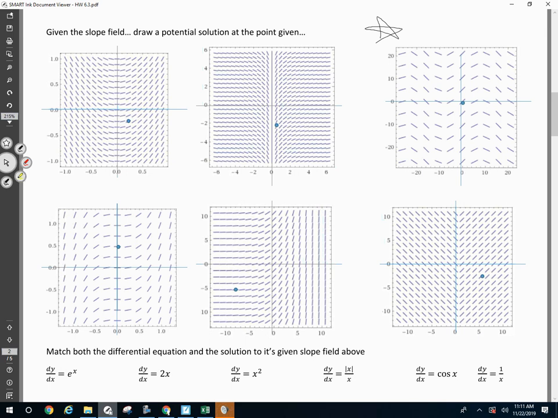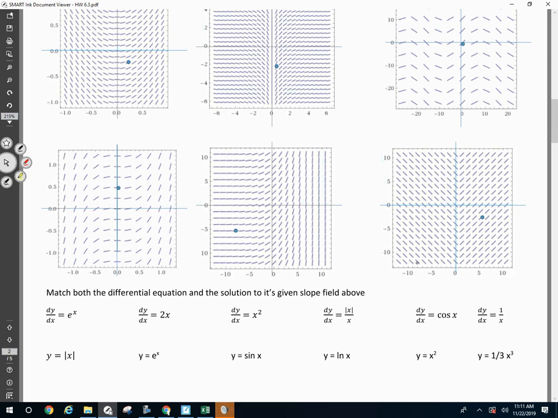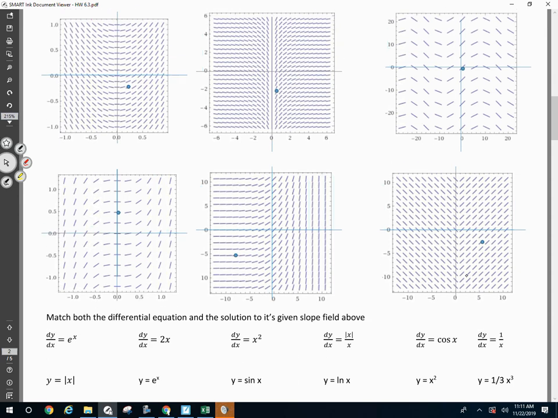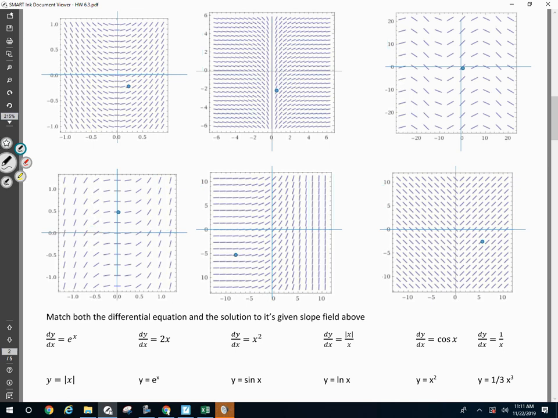Draw something that fits. When you draw something that fits, you'll be able to understand and look below. You actually have like a matching system. You'll be able to know which of these y equals would be the solution to that differential equation. So I should be able to see it's got to look like this.